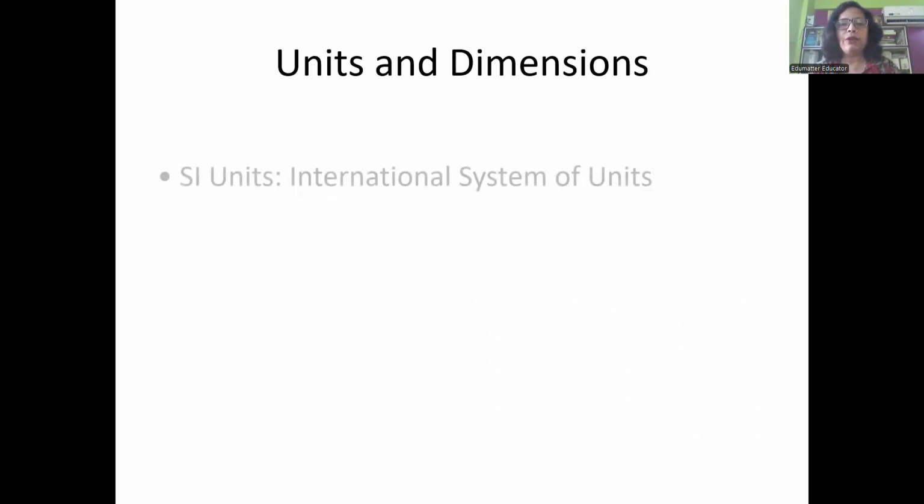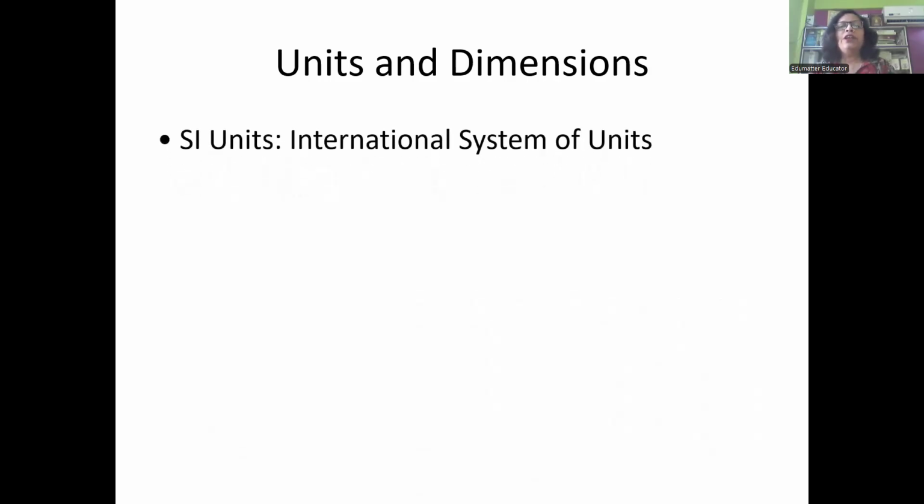So let us see all these things. Units: there are several systems of units, but throughout the globe, one standard system is used, that is the International System of Units. It has two types of units, base units and derived units.